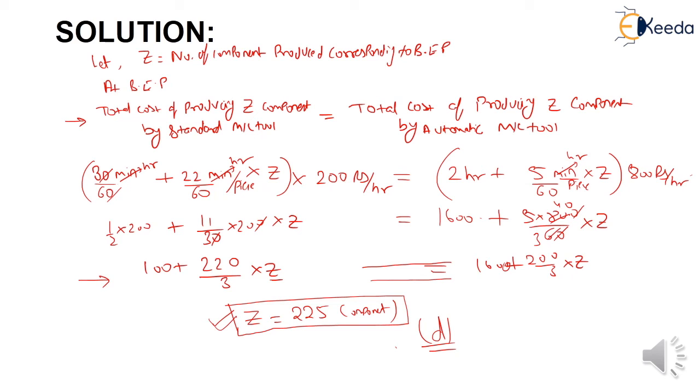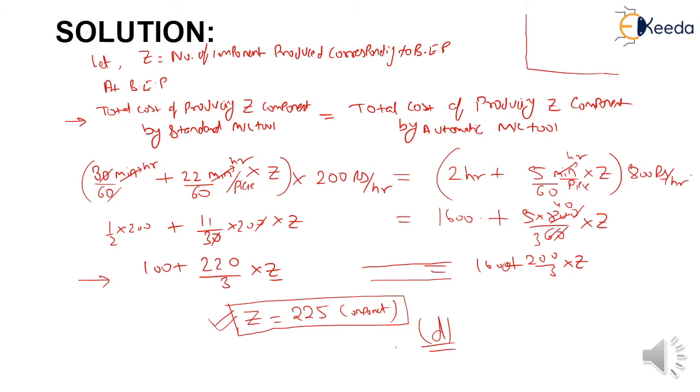So 225 components is the break-even production batch size above which the automatic machine tool will be economical to use. Okay students, this number of components corresponds to the break-even point. Let's draw the break-even chart of these two processes. What is the fixed cost?